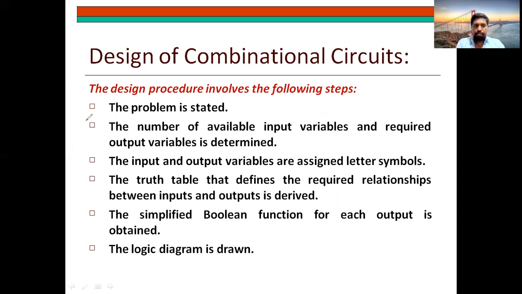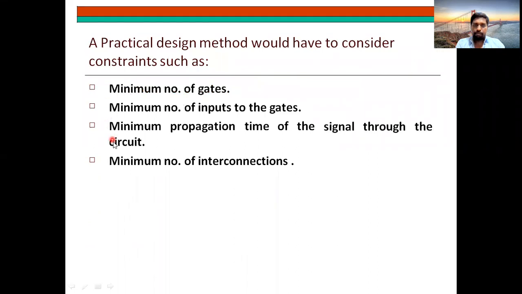So please remember these 6 steps, and while following them, you should keep some points in your mind. What are those? Let us see. These are the 4 minimum constraints you need to consider whenever you are designing a combinational circuit.